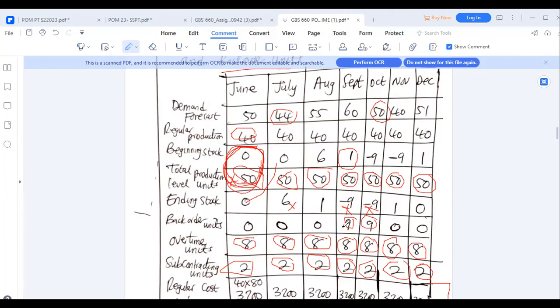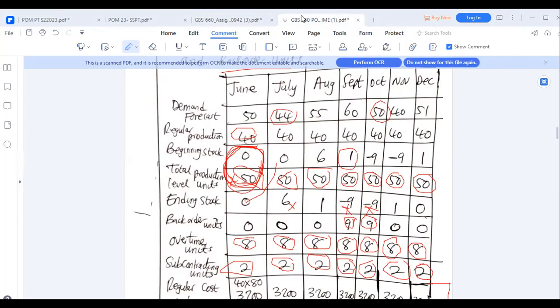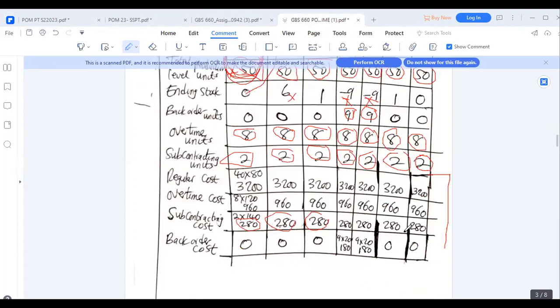What this simply means is that we should multiply by back order cost per unit, and we can check the back order cost per unit was actually $20 per unit. So this is why we are going to have this cost.